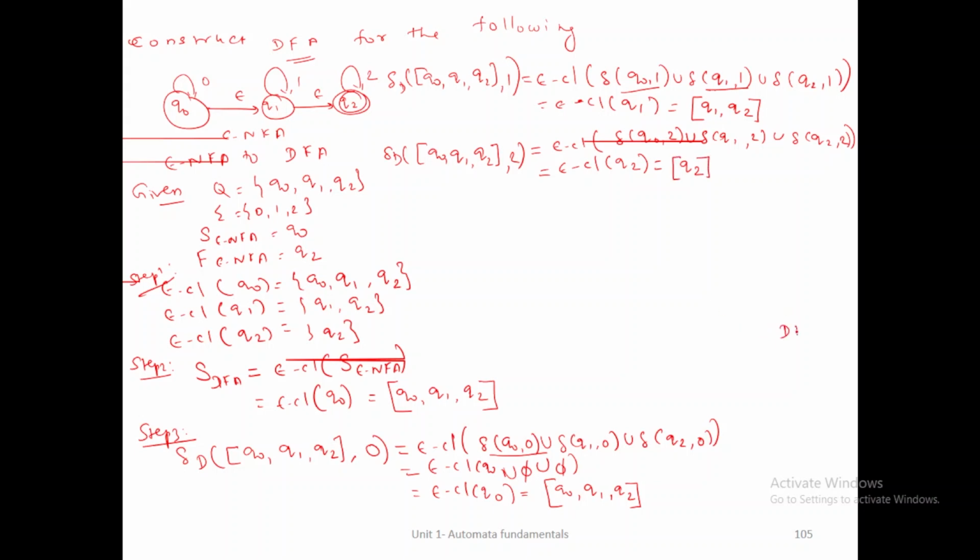So you draw the DFA transition table in which 3 input symbols are there, and your starting state is [Q0, Q1, Q2] and there are 3 answers. What is the first answer? With 0 it is [Q0, Q1, Q2]. One answer is [Q1, Q2]. 2 answer is [Q2]. Okay.